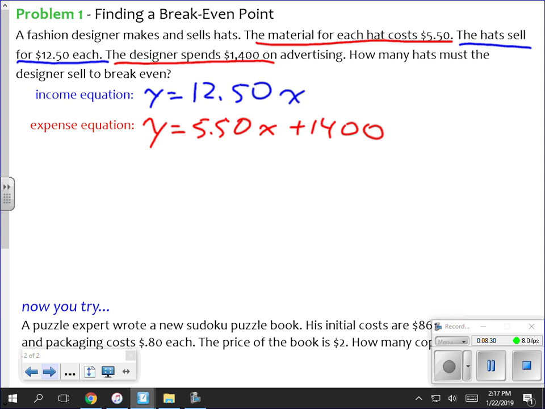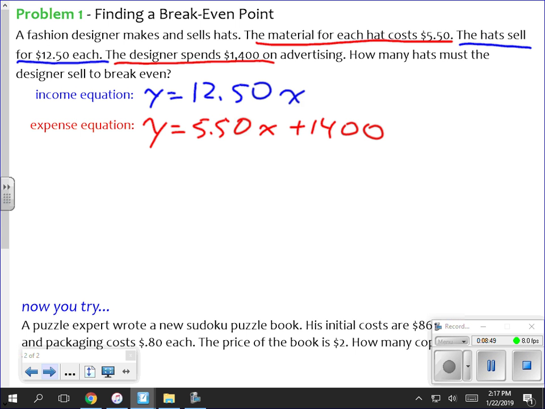Does this make sense? How much money I'm bringing in? $12.50 per hat. How much money is going out? $5.50 per hat, plus the $1,400 on expenses.